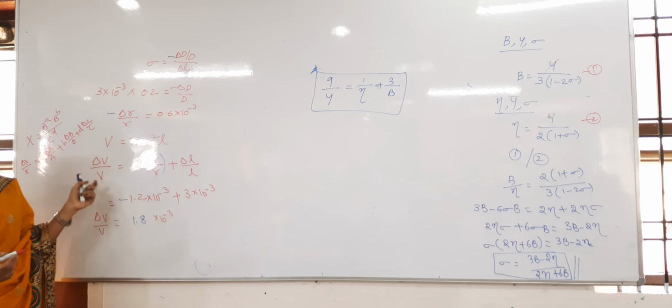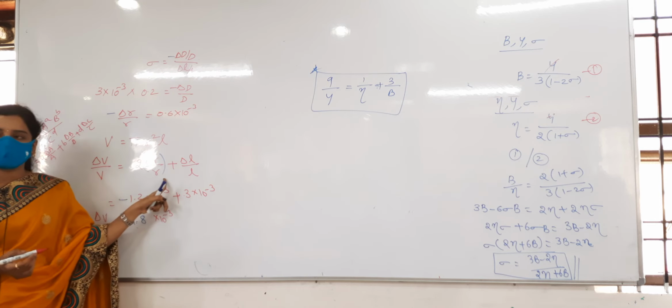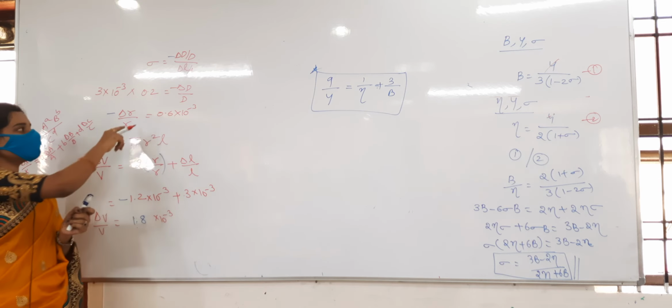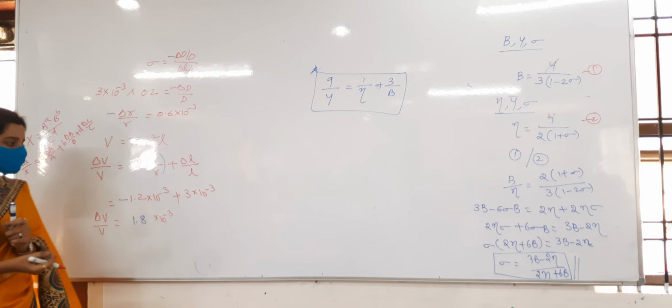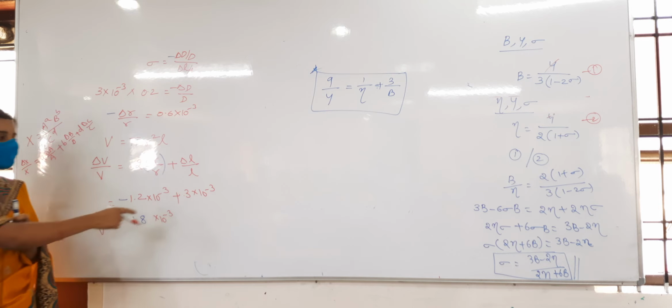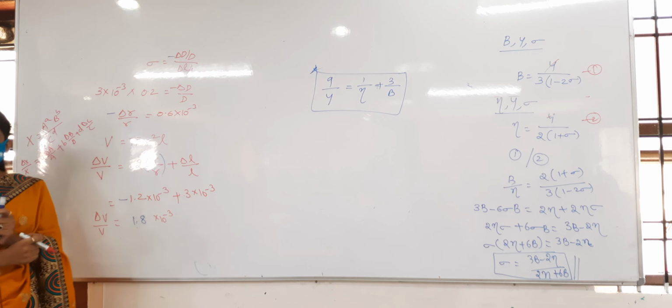From that, delta V by V is equal to, the power will come in front, so 2 into delta r by r plus delta L by L. But how much are we getting for delta r by r? Minus 0.6 into 10 power minus 3. So whenever you apply that, this is minus 1.2 into 10 power minus 3, plus the length is changing by 3 into 10 power minus 3.